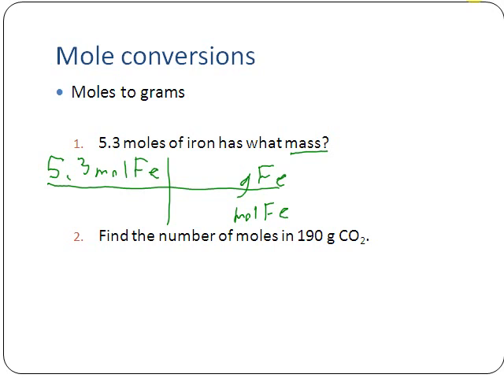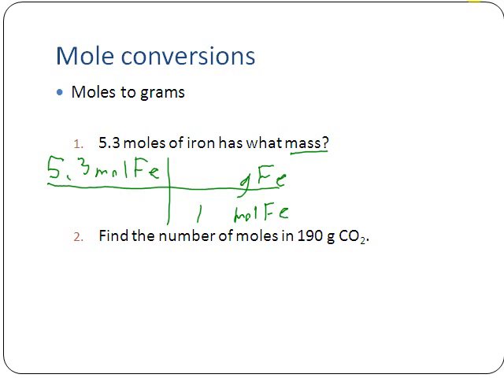So we've got grams iron, we have moles iron. Well, we're looking for the number of grams there are in a mole. And for any substance, we said for carbon-12 that there were a mole of carbon-12 atoms in 12 grams. We said that for hydrogen there were 1.01 grams in 1 mole. And so, as we said before, that means the atomic mass is going to be the number of grams in 1 mole.